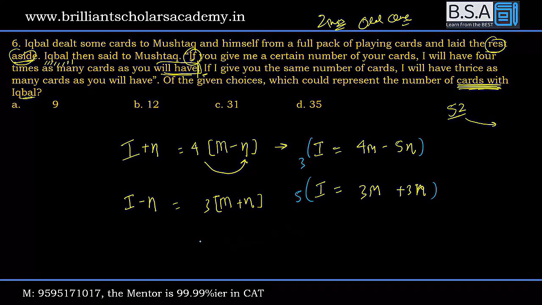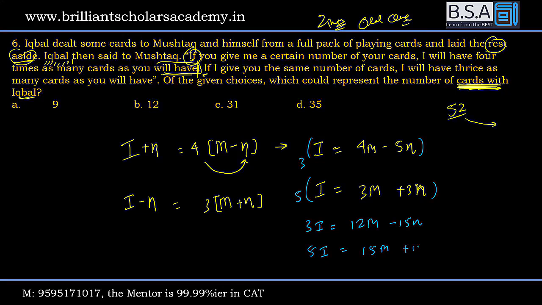Look at this. 3i is equal to 12m minus 15n. 5i is equal to 15m plus 15n. Now what happens as soon as you add these numbers? Just verify my calculations.